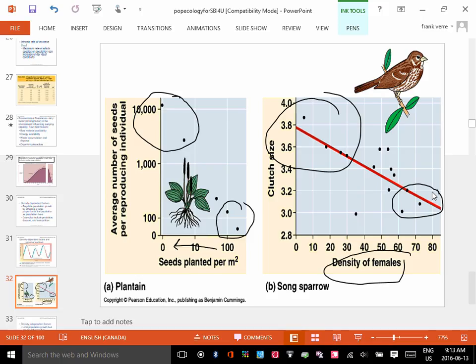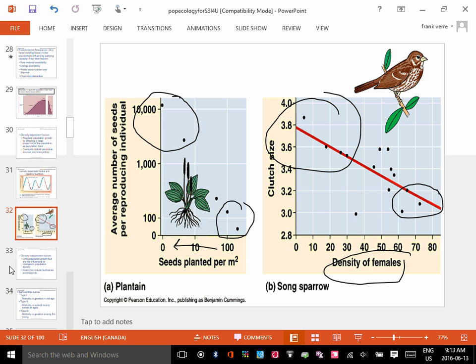Because making babies requires energy and it requires nutrients. Same thing with the birds. If you're living in an area where there's lots of competition with other birds, it's going to be harder to find water, harder to find food, harder to find good nesting sites. So, in other words, harder to make energy, harder to get nutrients, harder to have babies.